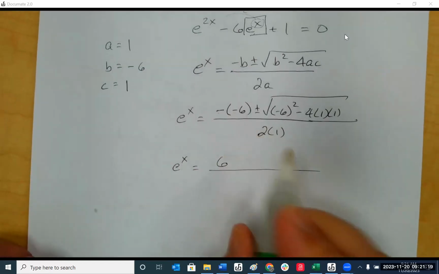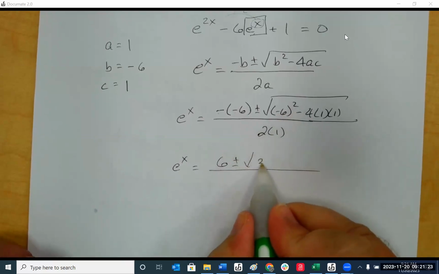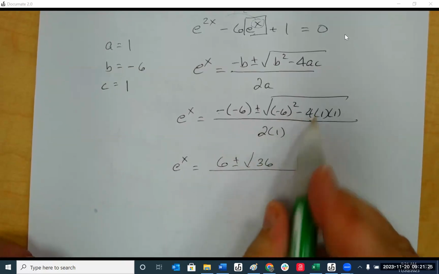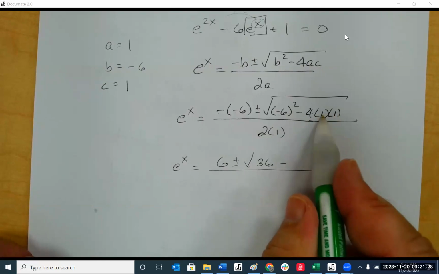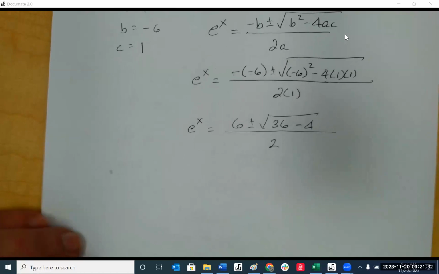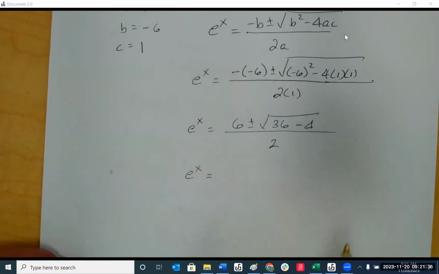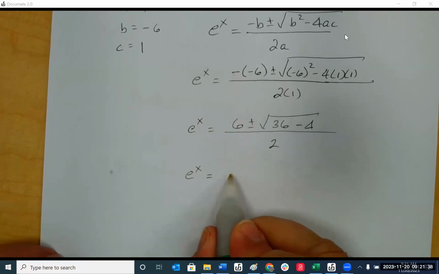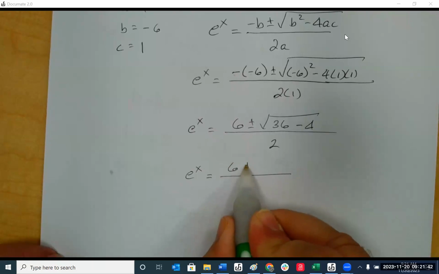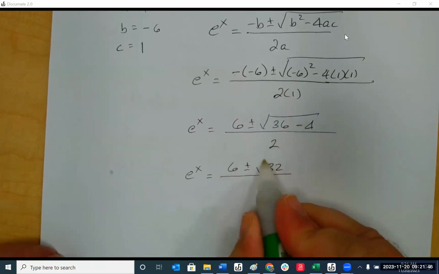Negative, negative makes it a positive. -6 squared is 36. 1 times 1 times 4 is 4, so it's minus 4 over 2. Six plus or minus 36 minus 4 is 32.